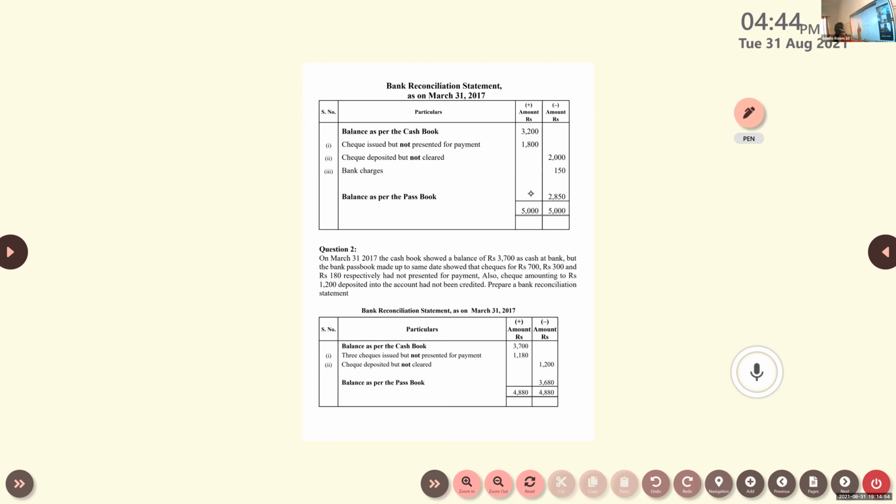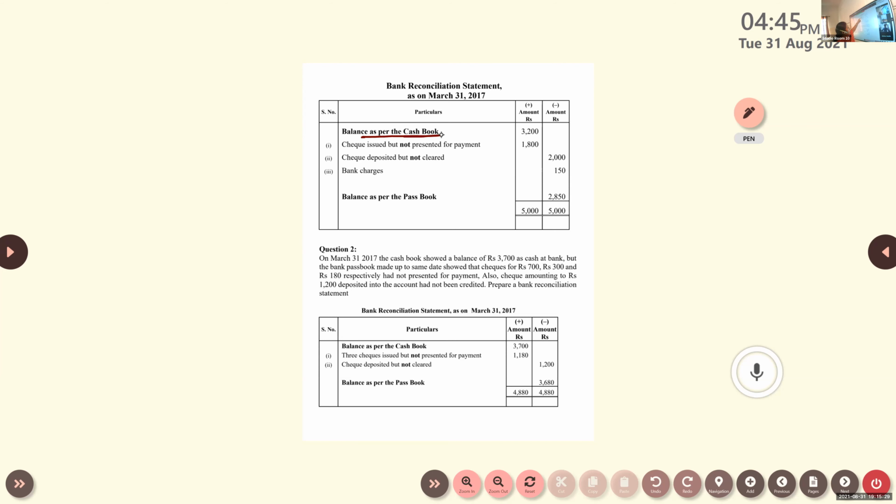See here, in this question, you are given the balance as per cash book. Now we have to bring it to the same as the passbook. We are matching it with the passbook. We don't know the passbook balance, it is not given in the question, but our intention is to match it with the passbook balance.